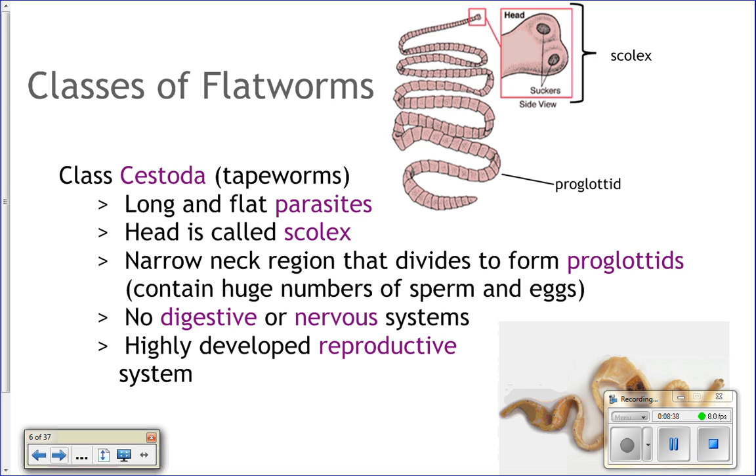And so each of those little proglottids contains thousands of eggs and sperm. So after you poop them out, those eggs can get into grass and stuff like that. And typically, what happens is a cow will eat the grass and the eggs of this tapeworm parasite.